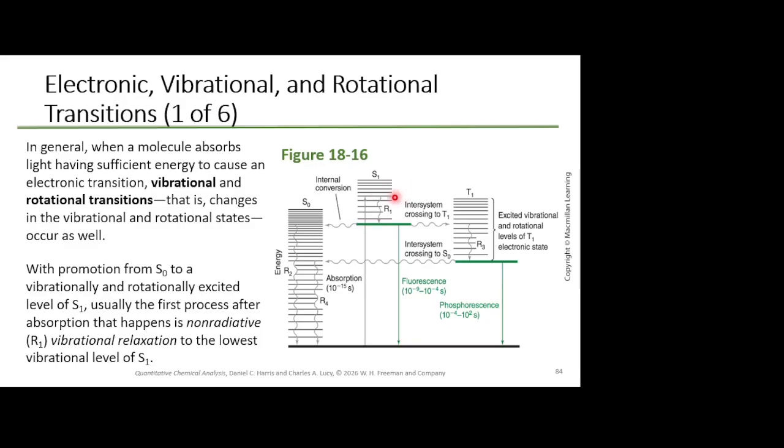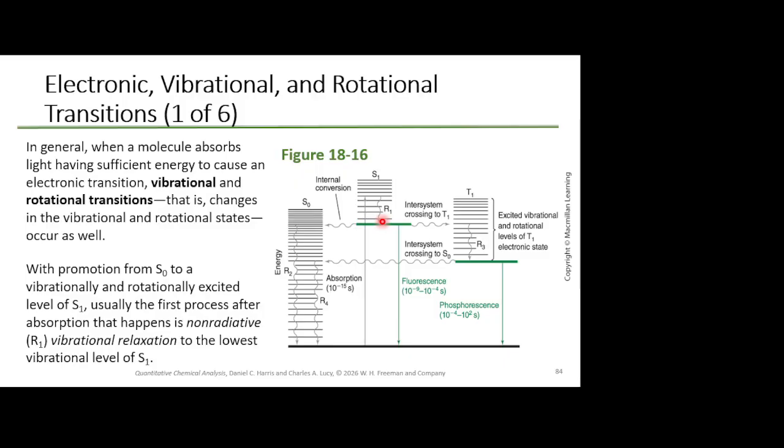See these wavy lines right here? These wavy lines correspond to non-radiative relaxations. So this is going to relax from wherever it got boosted to in the first place down into a lower energy level on the S1. That's typically what happens first whenever you do these excitations.